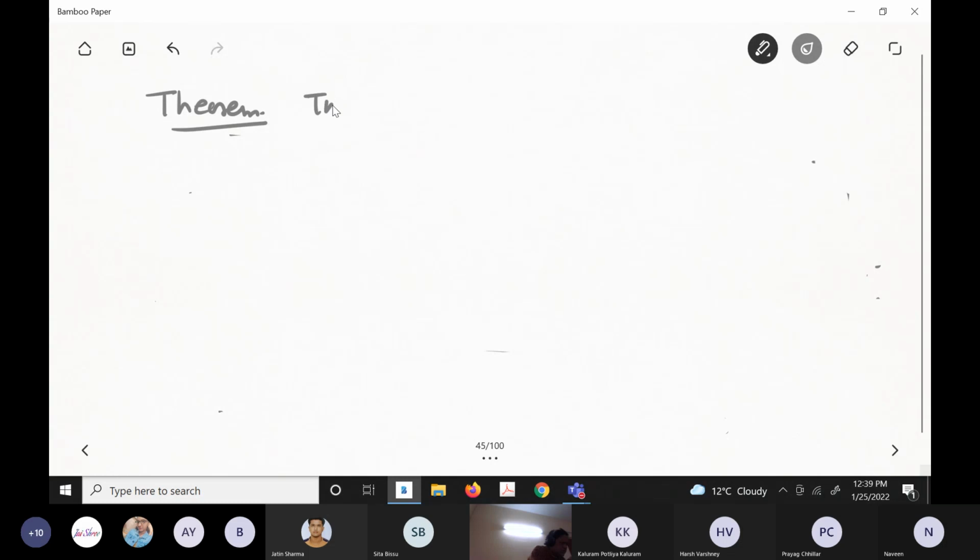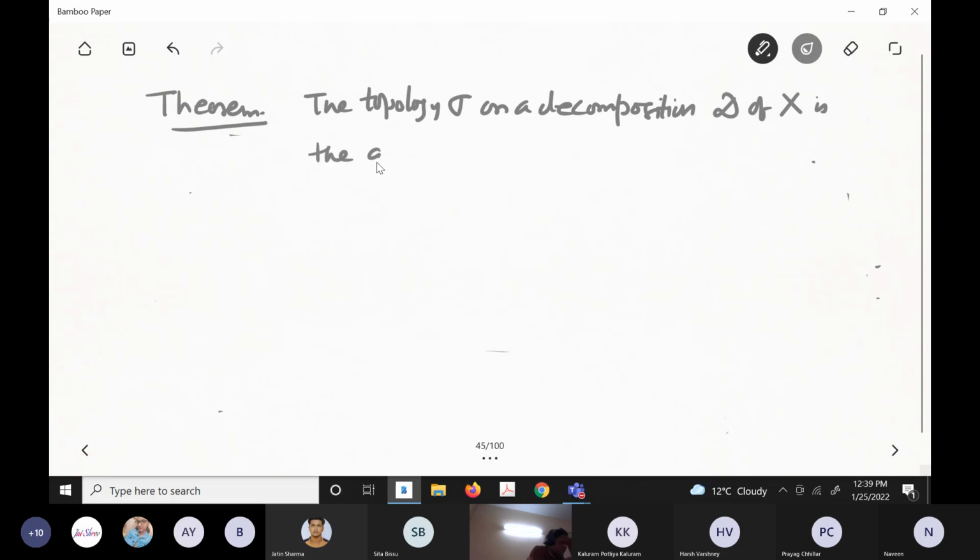The topology sigma on a decomposition D of X is the quotient topology.